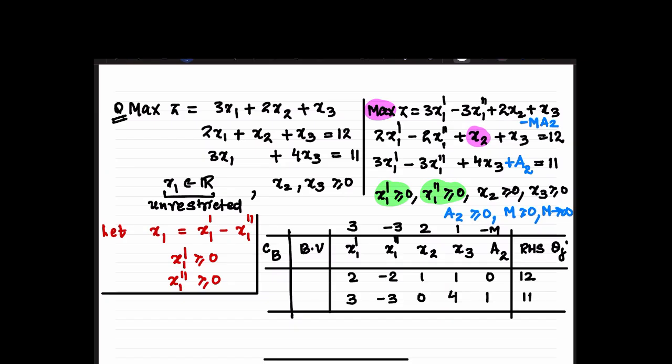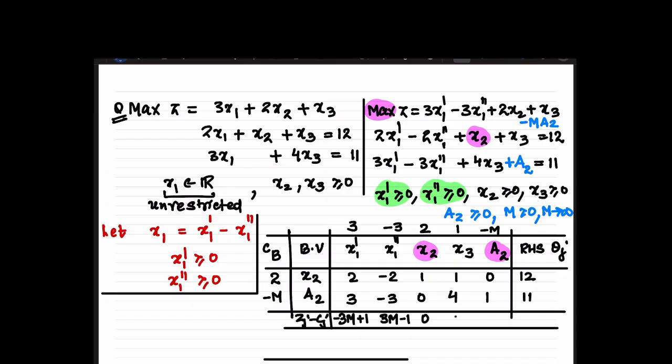So the starting basic variables are x2 and a2. So x2 starts and a2 starts. The coefficient for x2 is 2, for a2 is minus M. This is equal to 4 minus 3 is 1, so minus 3M plus 1. The next is minus 4, so this is 3M minus 4 plus 3 minus 1.